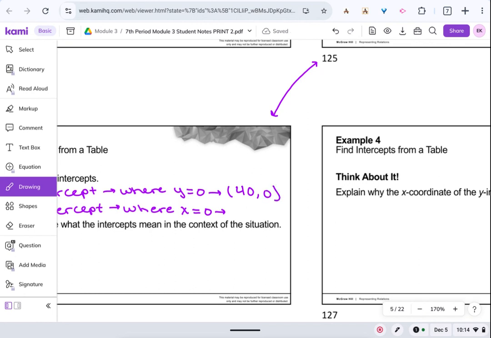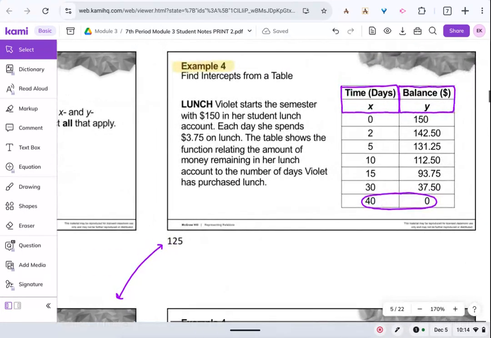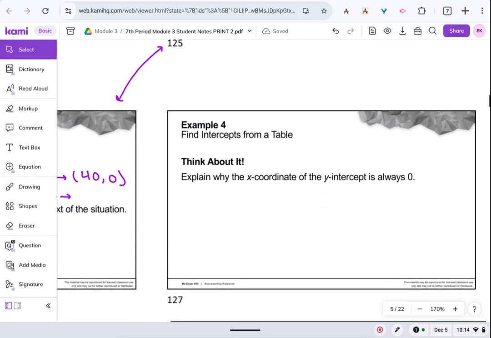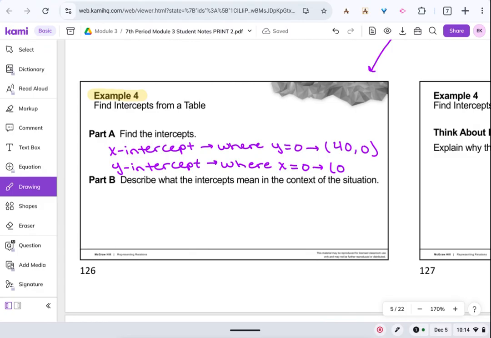And then now we're looking where x is 0 in our table. So if I look up above, x is 0 here at the top, where my y is 150. So I'm going to go ahead and write that as an ordered pair on slide 126, 0, 150.